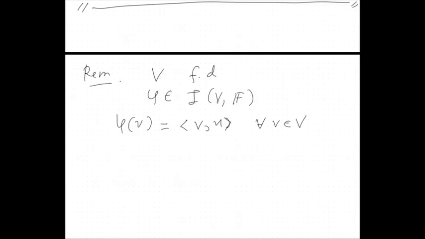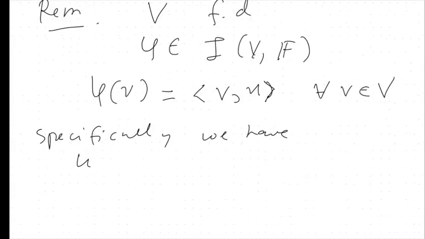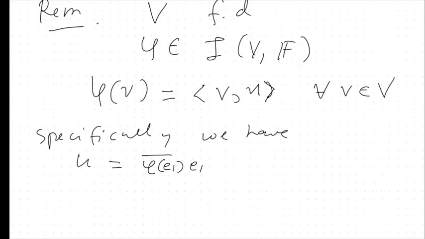And then specifically, we have our u here. We will write u as the conjugate of phi of e1 times e1, up to the conjugate of the linear functional of en times en.